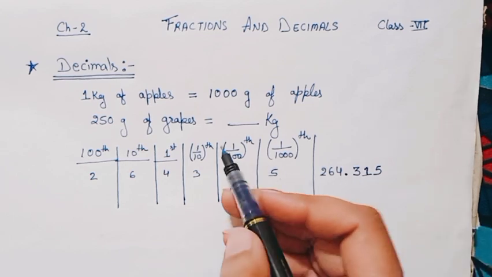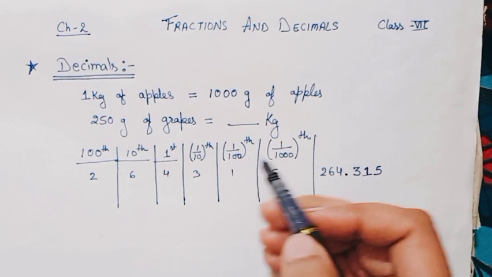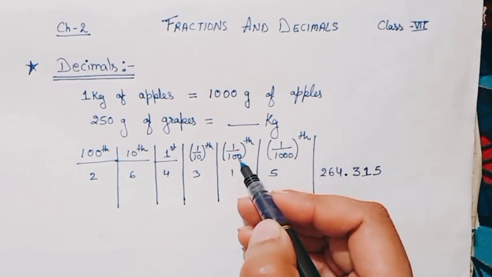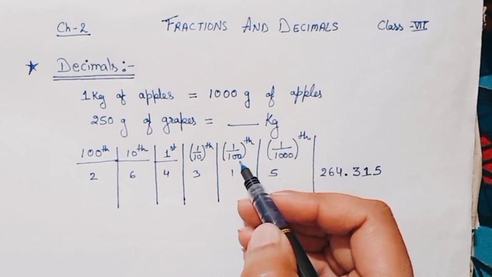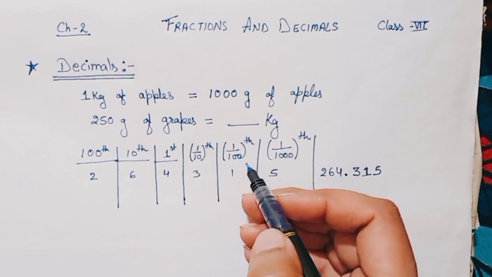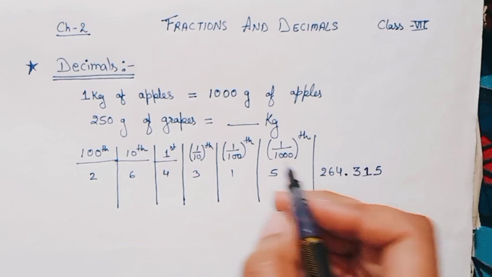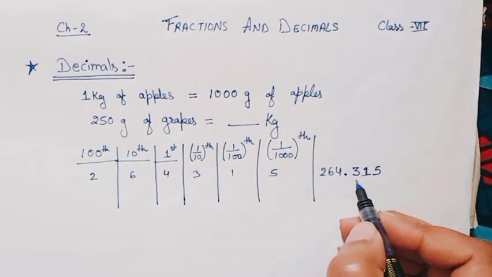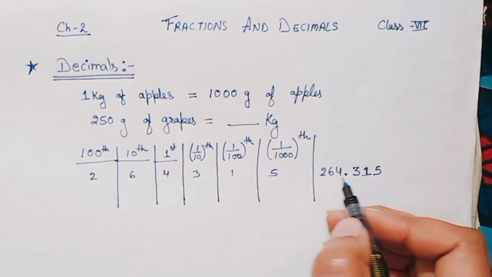Okay, 1 upon 100th place, and the number of zeros present in the denominator will be simply the position of the number after the decimal. Look here, it is two zeros, and the number 1 is at the second place after the decimal. Okay, so that is some of the terms.